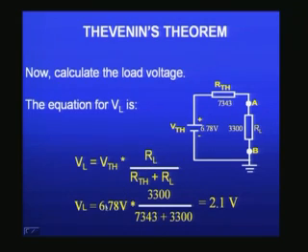With the values substituted, V Thevenin we calculated to be 6.78, multiplied by 3300, which is the load resistance 3.3 K, divided by the Thevenin's resistance 7.3 K plus 3.3 K of the load resistance, and when you simplify this, you get a value of about 2.1 volts. So, you can see we have simply replaced a very complicated circuit with the Thevenin's equivalent circuit, and that becomes very simple to solve.